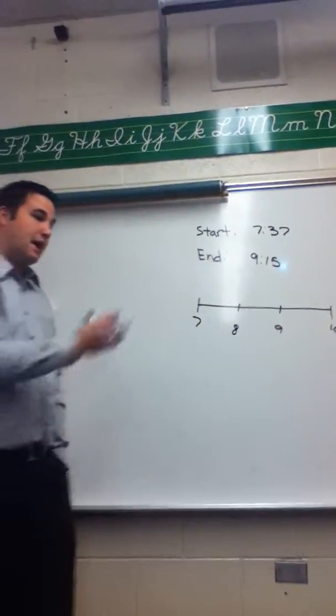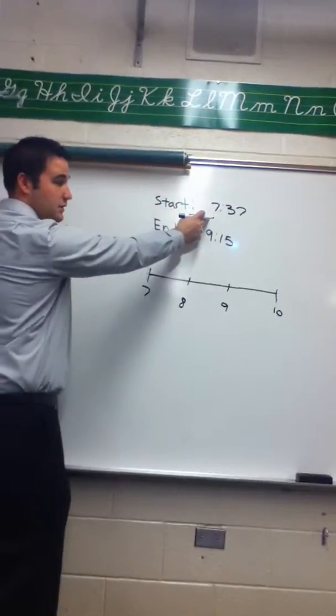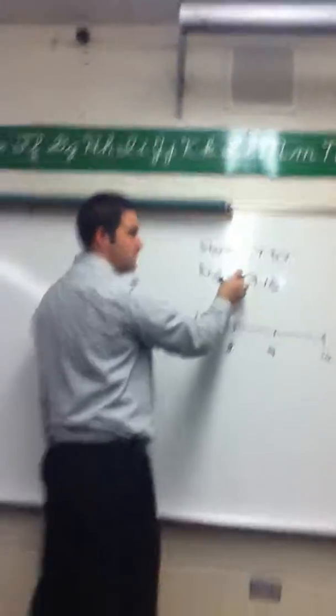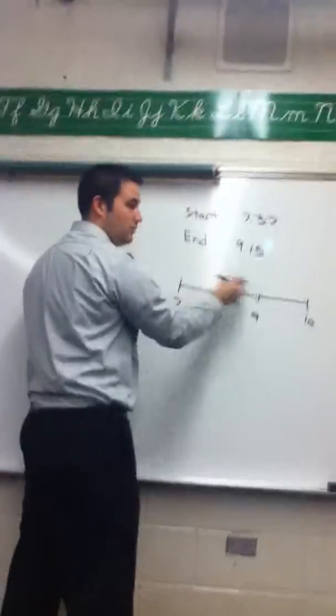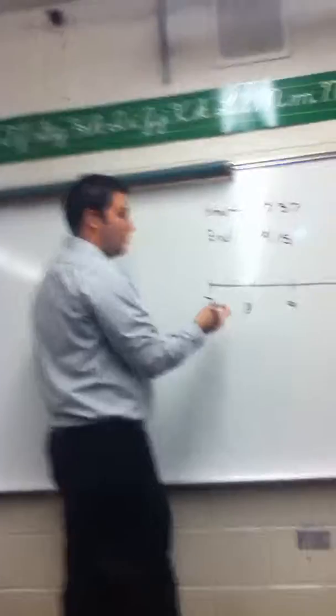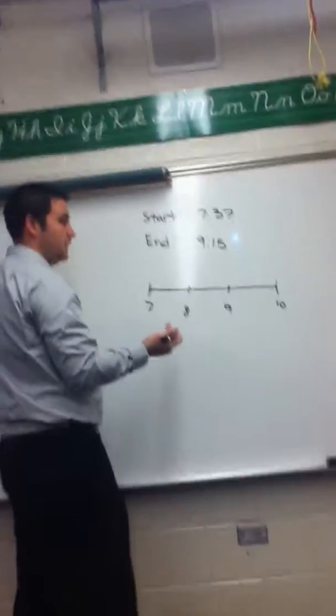Now I have it set up. And how I got it set up was 7:37, the hour that came before, 9:15, the hour that would come next. So both of these start times and end times will be on this line. The next part is you have to find them on the number line. Well, what would be about halfway between 7 and 8? 7:30.